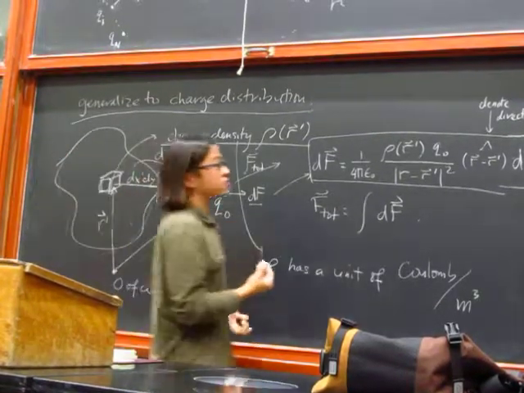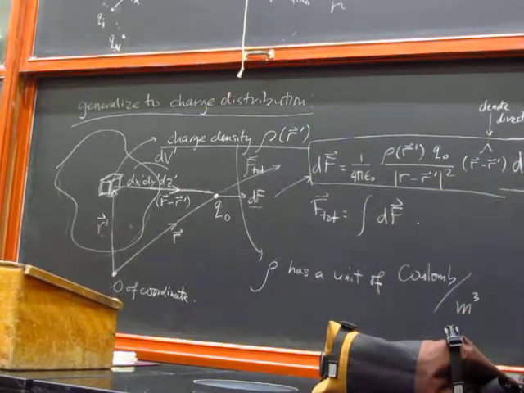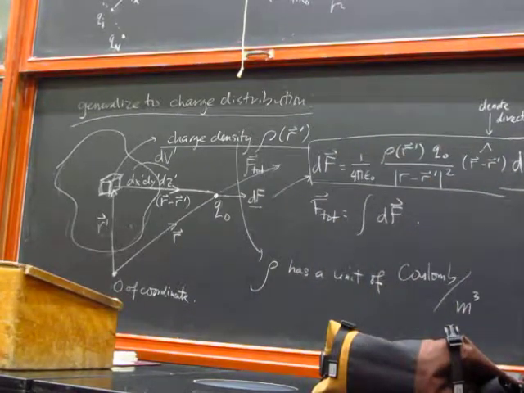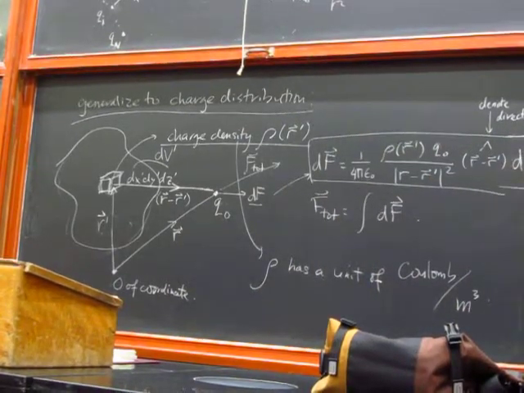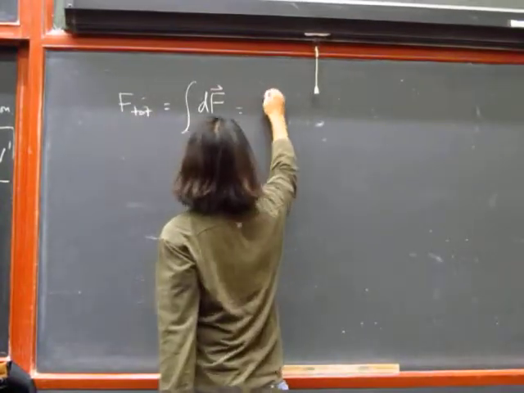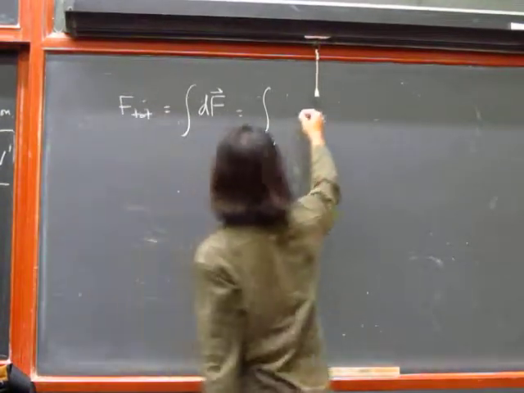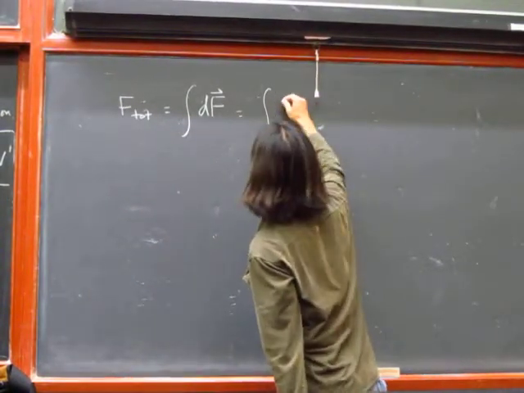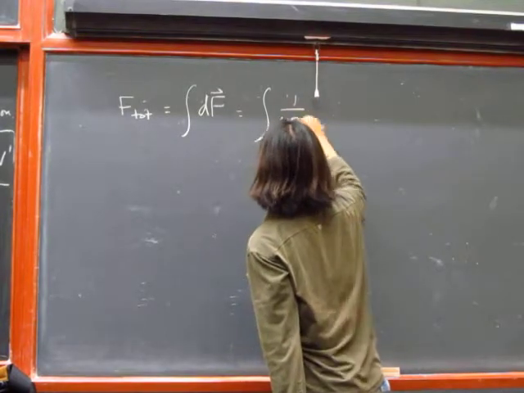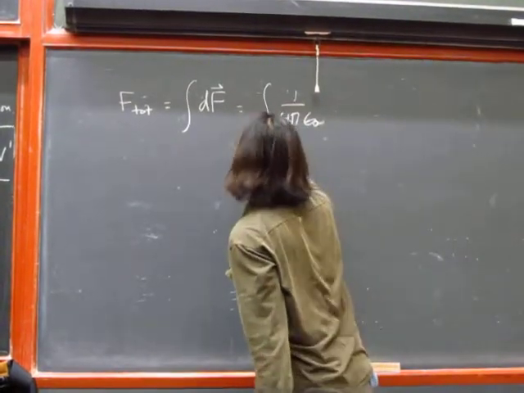So the total force, F total, is equal to just an integral of dF. So it becomes an integral over the whole volume of that distribution times 1 over 4 pi epsilon naught. Usually you put it outside of the integral.